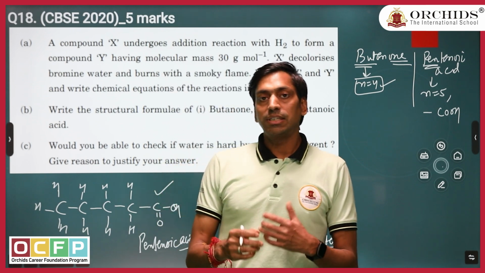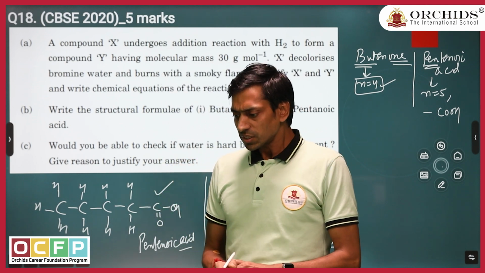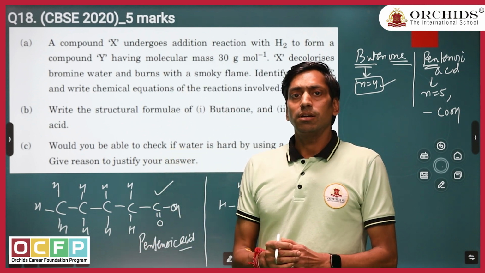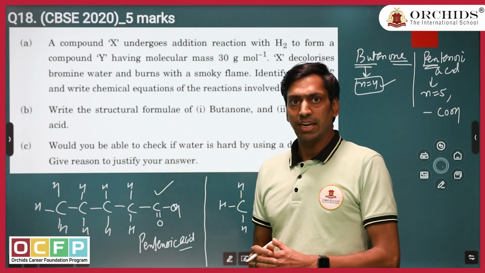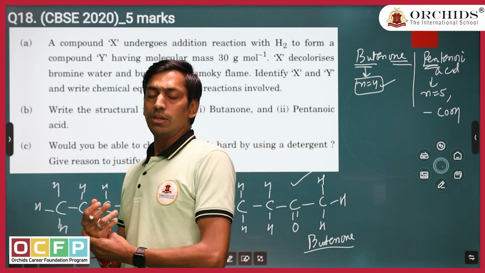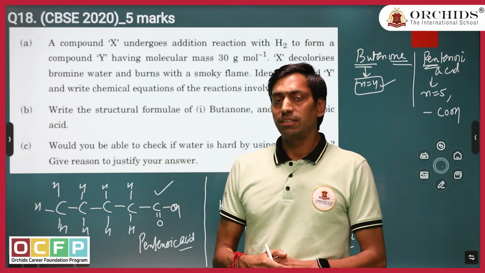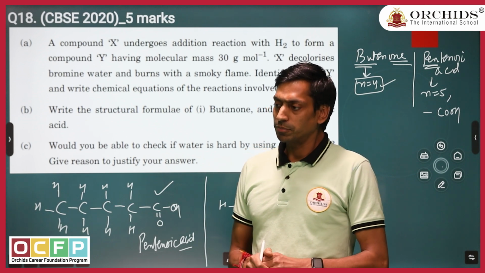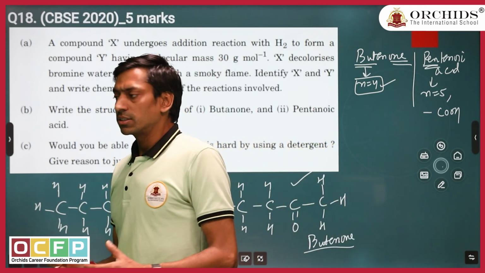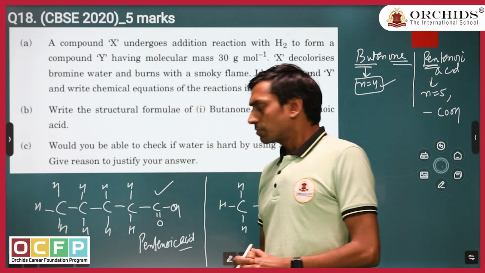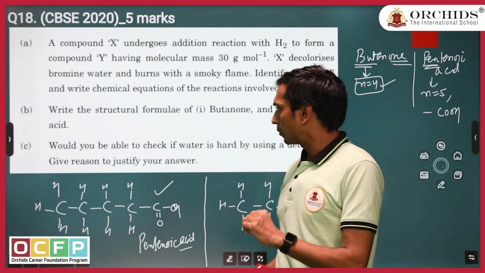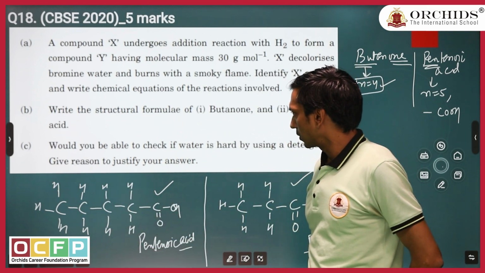Because detergents are soluble. Soap and detergent can react with the calcium and magnesium ions and form water soluble salts as the product. That's why detergent can form the foam also, and therefore we cannot use detergent for checking the hardness of the water.